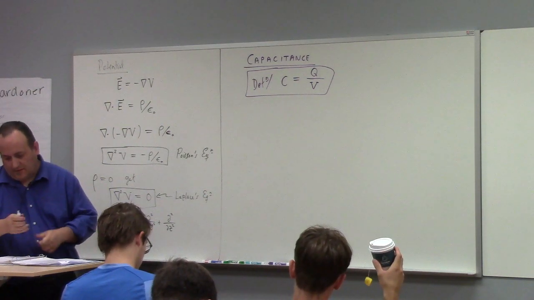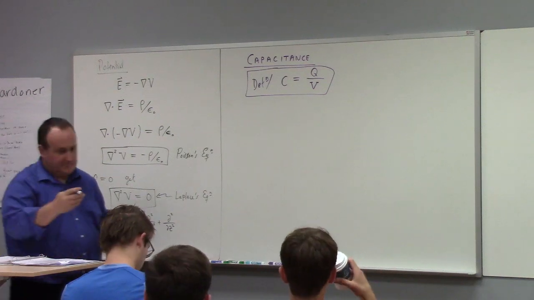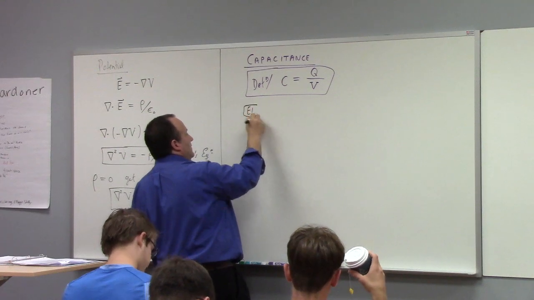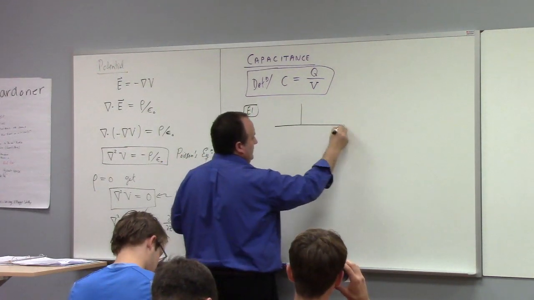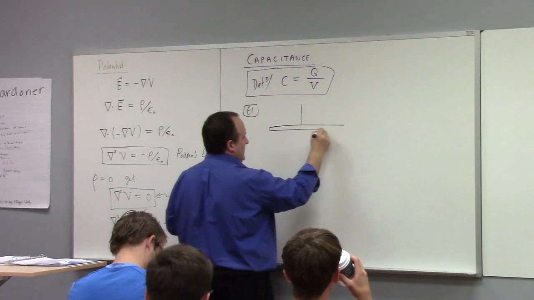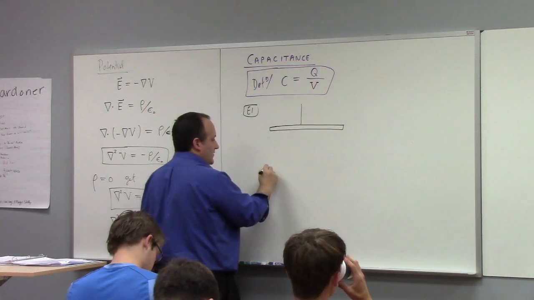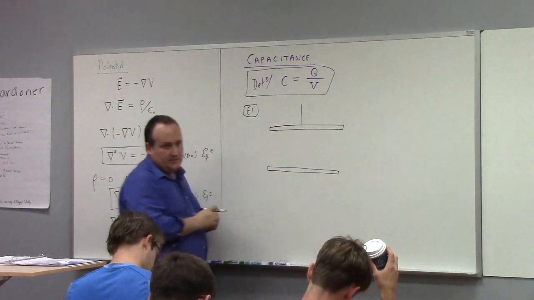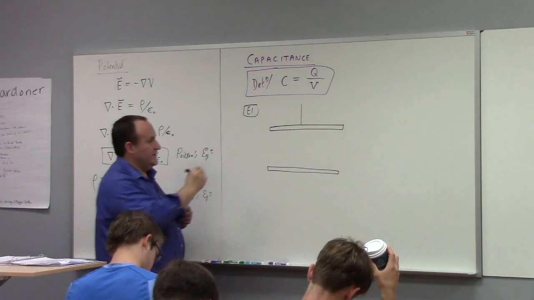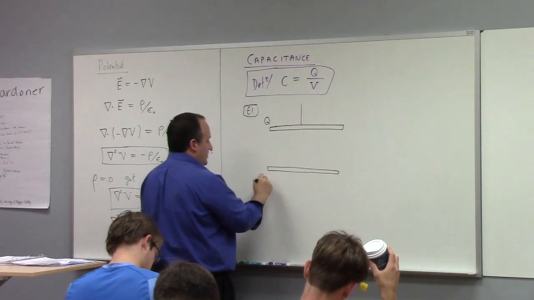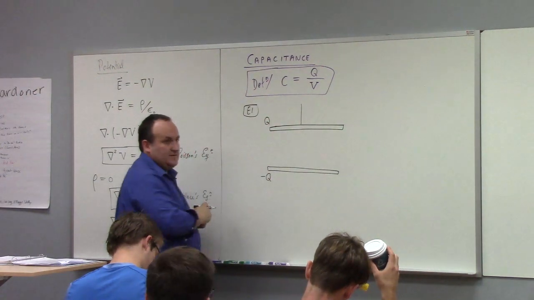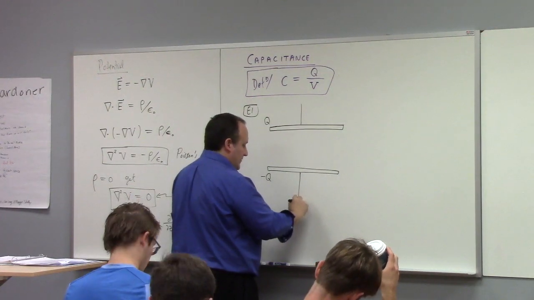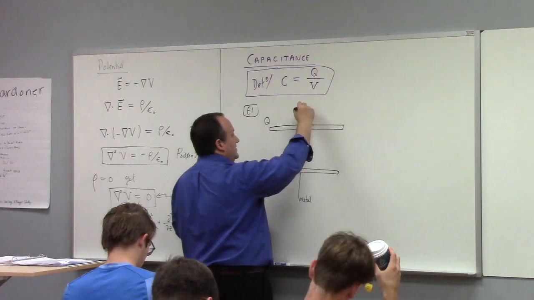And so the fundamental example, of course, is the parallel plate capacitor. So, example 1, if we have a plate here, and then I have another plate down here, parallel. I think about putting a charge Q up here and a charge minus Q. Now these are conducting plates, so this is metal, and this is metal.